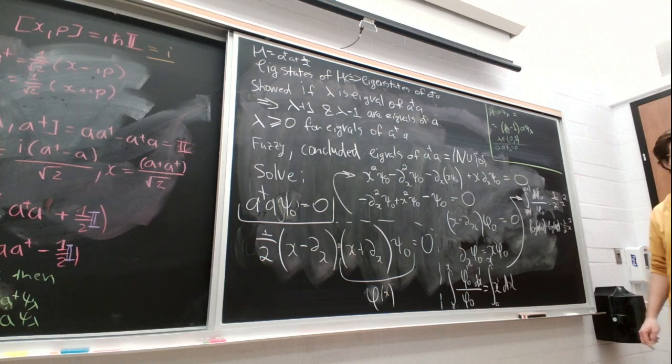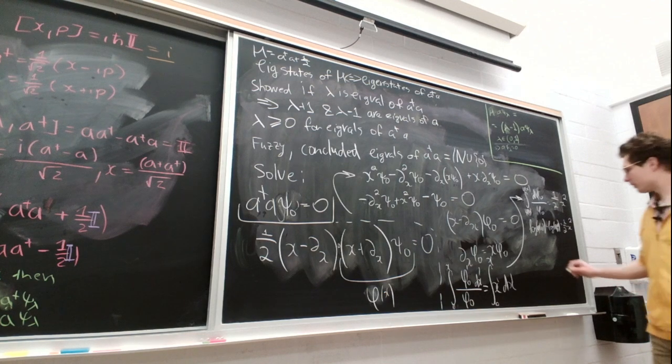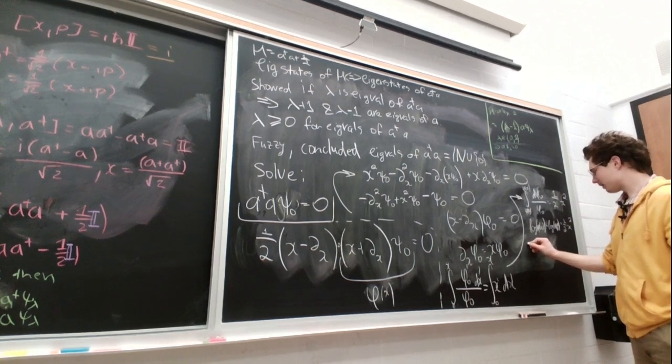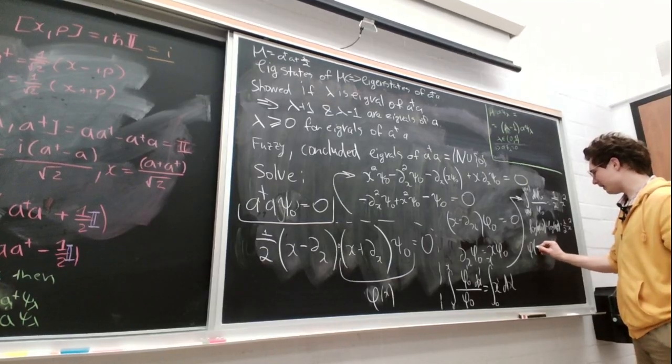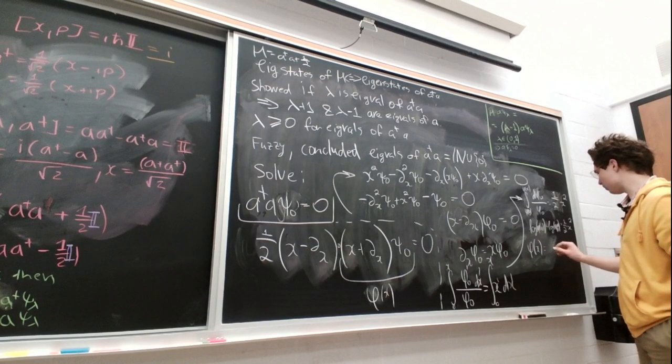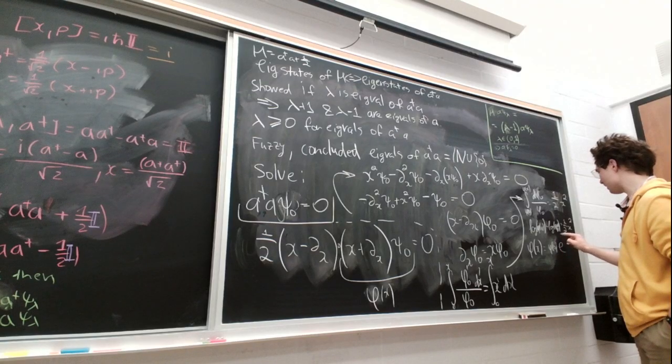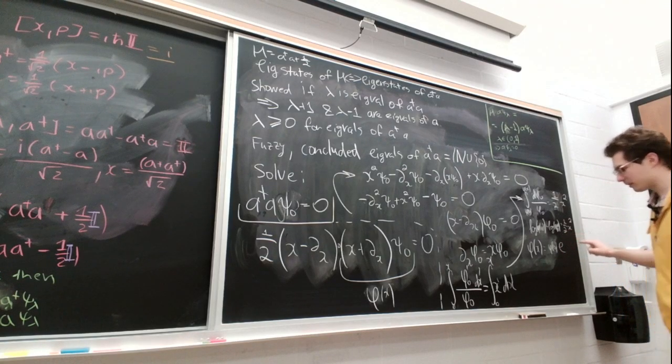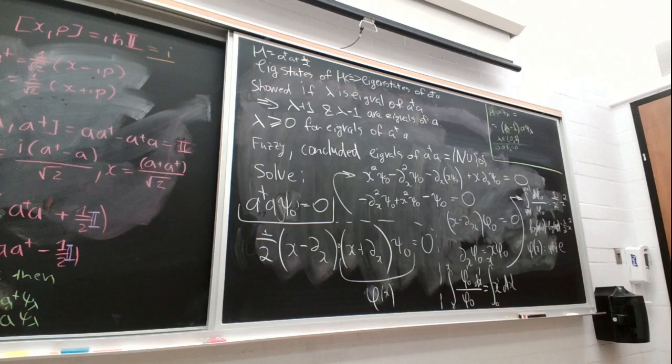Take both to the power e. Yeah. So I get that φ of x is equal to φ0 times e to the, sorry, there should be a minus sign somewhere maybe? Or no minus sign? No minus sign.